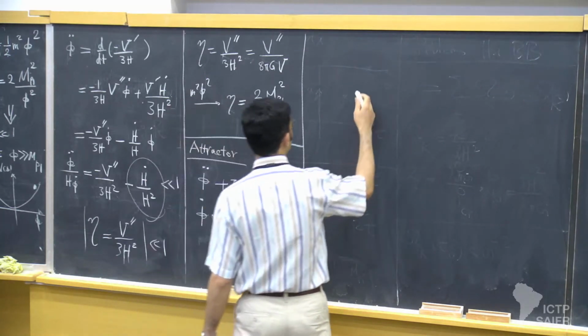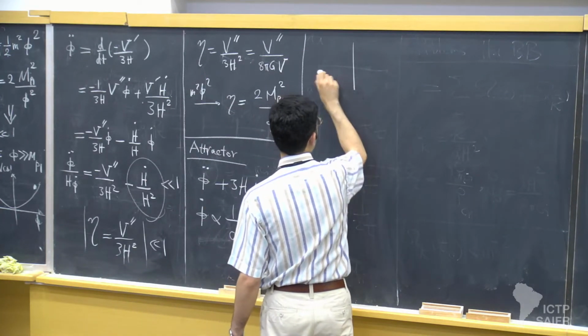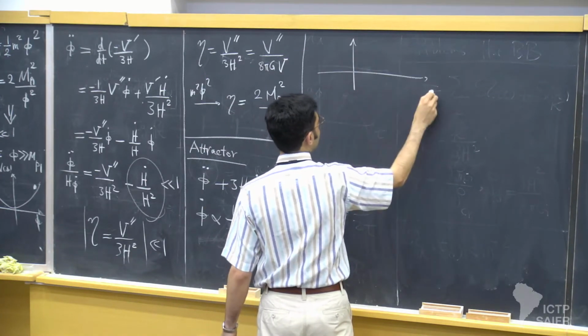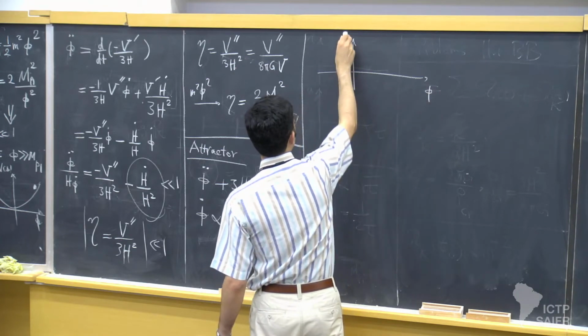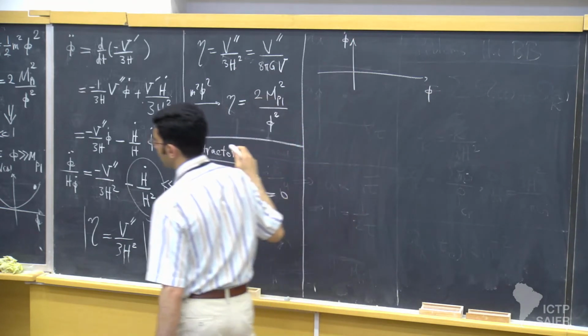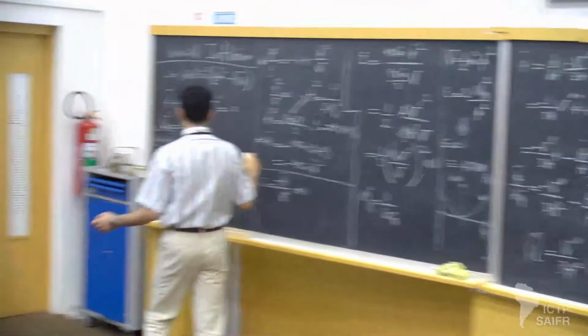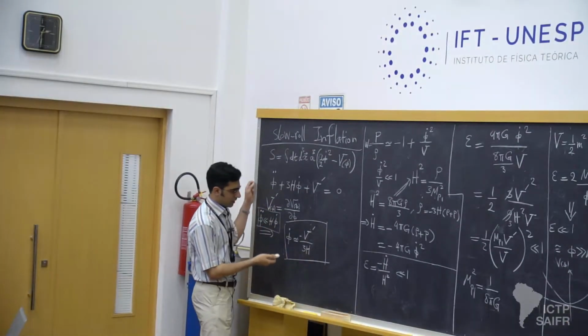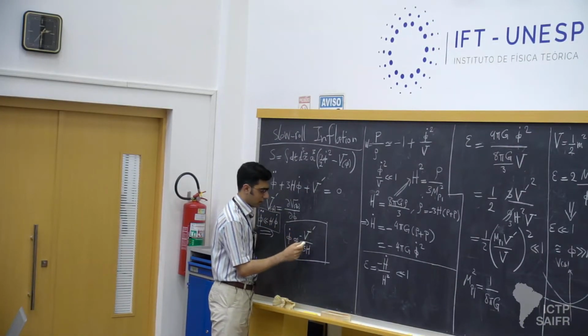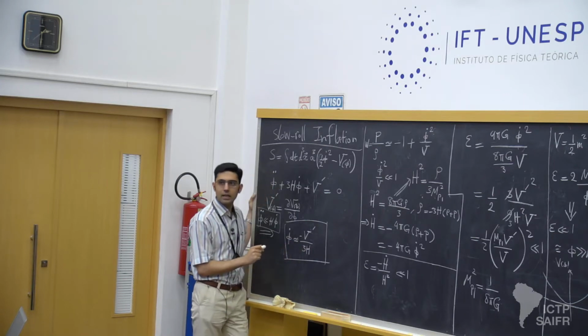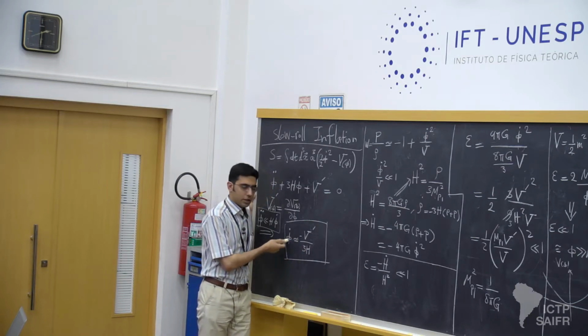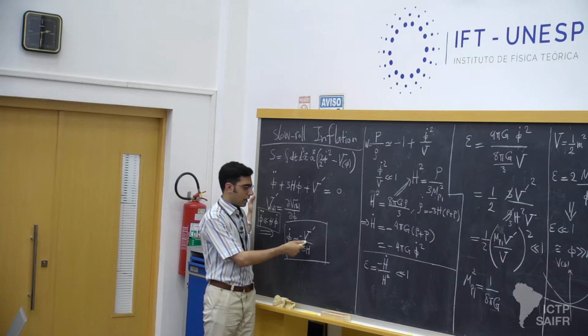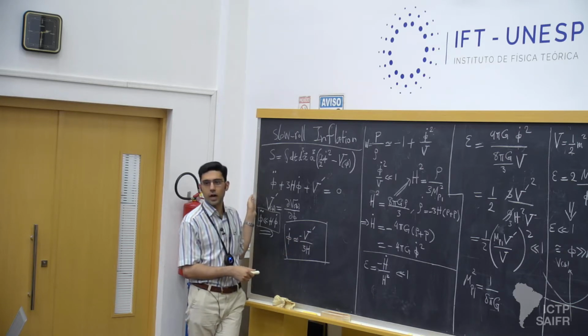So if we want to look at the phase diagram, what happens on this slow roll solution, on this attractor solution, is that phi dot is uniquely fixed in terms of phi.